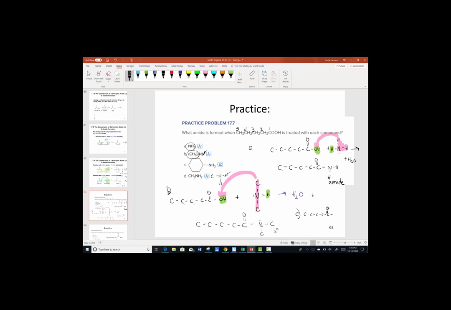We're going to remove one of the hydrogens to make water, leaving me N, 1 more H, and the methyl group. This guy is called a secondary amide. So letter A made a primary, letter B made a tertiary, and letter C made a secondary amide.